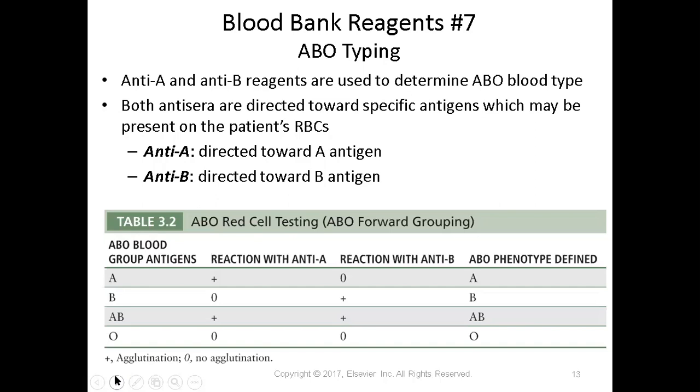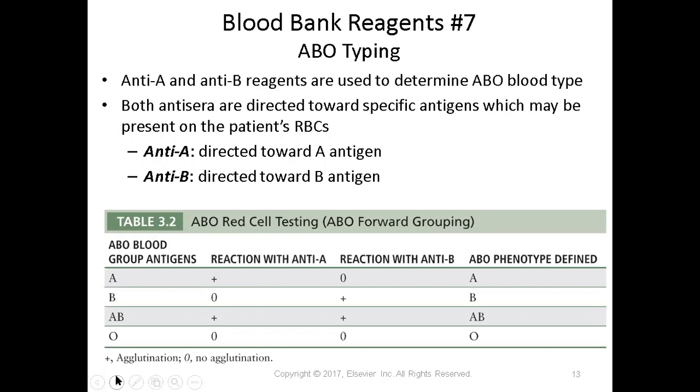Basically, we make a dilution of our patient's red blood cells, and in one tube we add a drop of anti-A, and in the other tube we add a drop of anti-B, and we want to see if agglutination occurs.